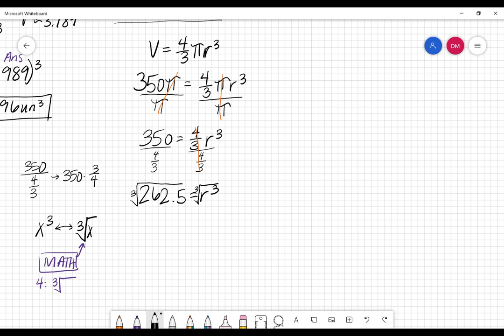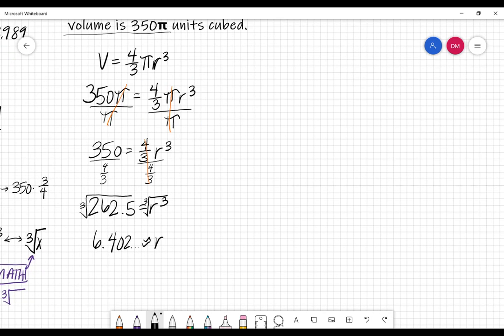When I take the cubed root of this, I am getting 6.4028 and so on. So that is my approximate radius. We're going to leave the unrounded version in the calculator just like we did with the last problem.